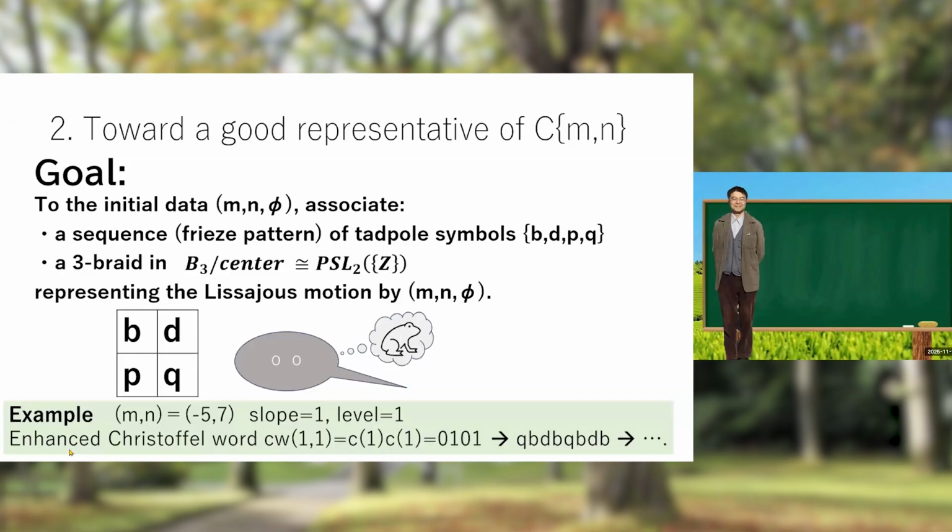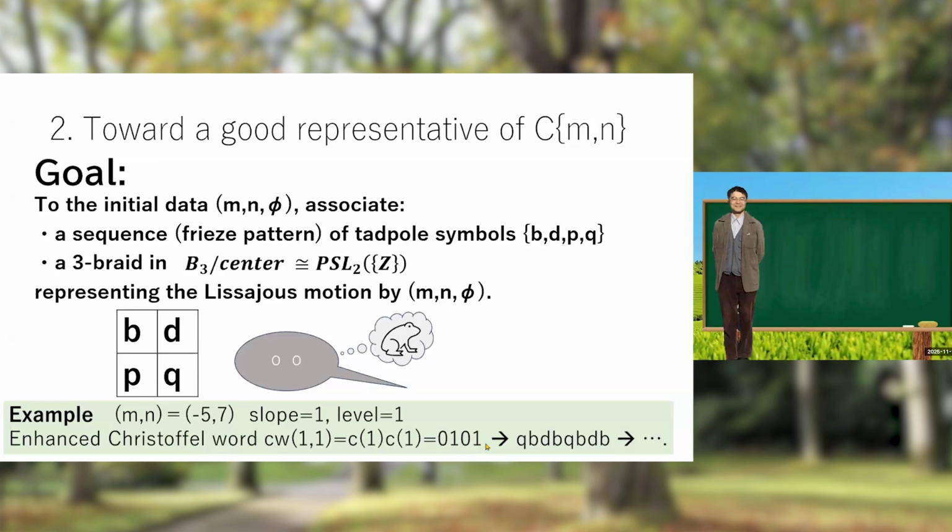And then roughly we associate an enhanced Christoffel word to this slope and level parameter. Then it is just a sequence of 0 and 1.